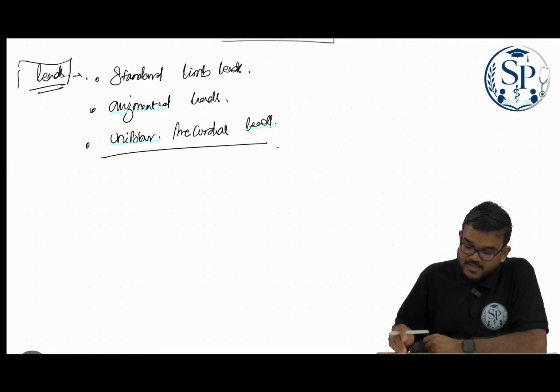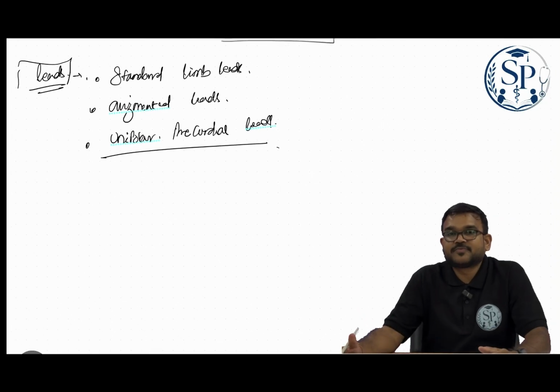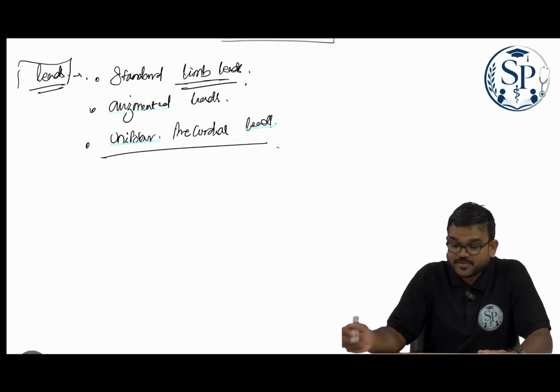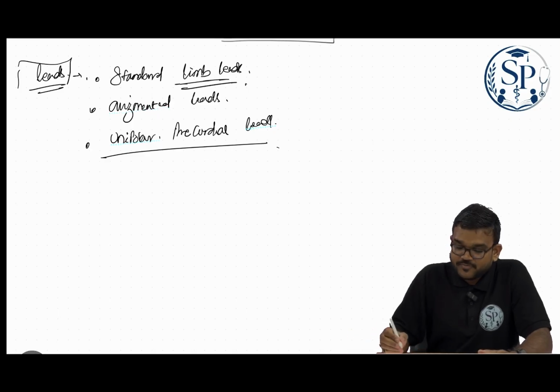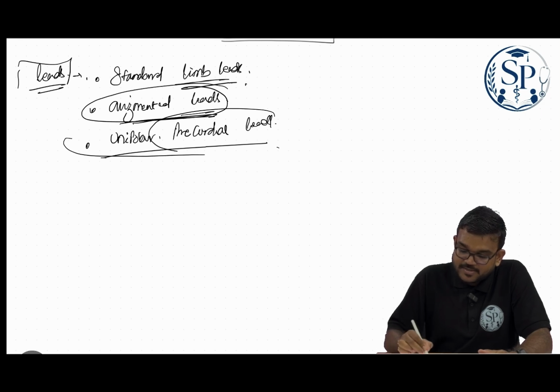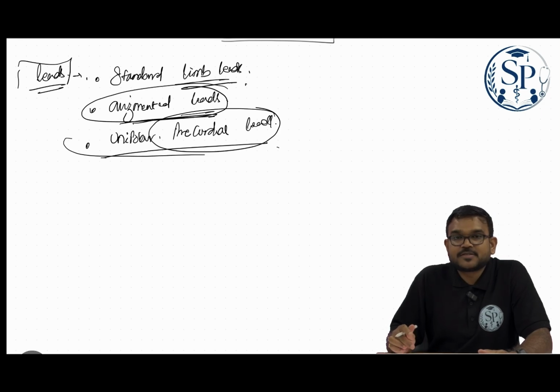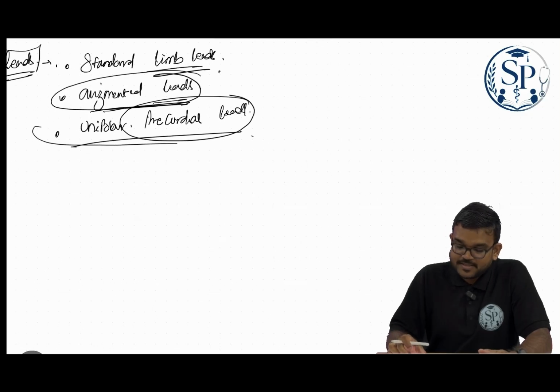As the name suggests, limb leads are put over the different limbs. Augmented leads I will discuss later, and precordial leads are put over the chest, that's why the name is precordial leads.